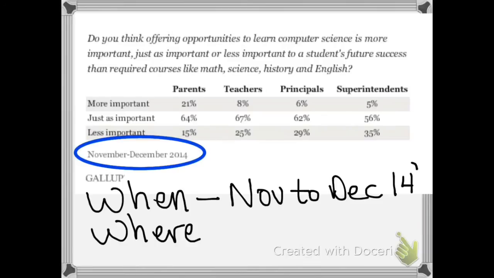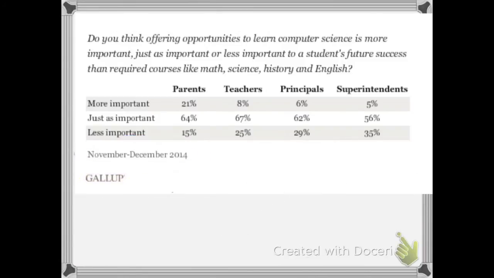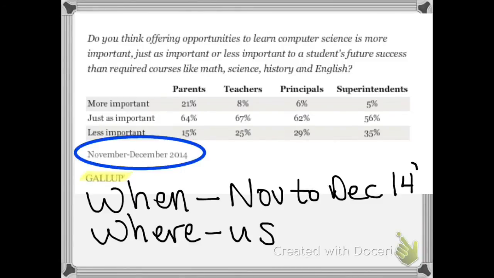The where, well, it doesn't specify where, but it's a Gallup poll. Gallup is a well-known company in the United States that does surveys. So whenever you see a Gallup poll, we're going to say it's the U.S. unless they tell you somewhere else.